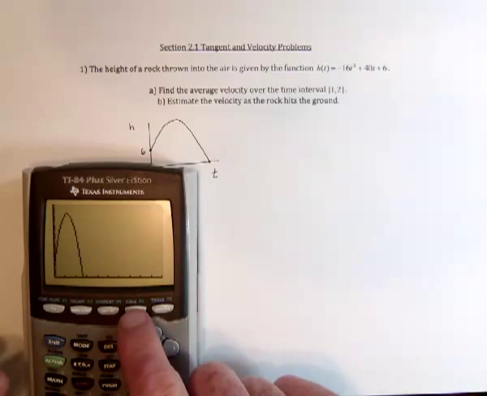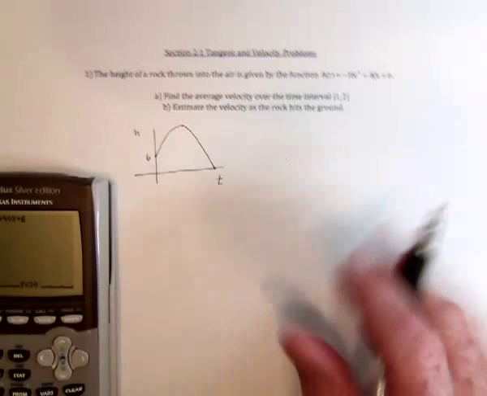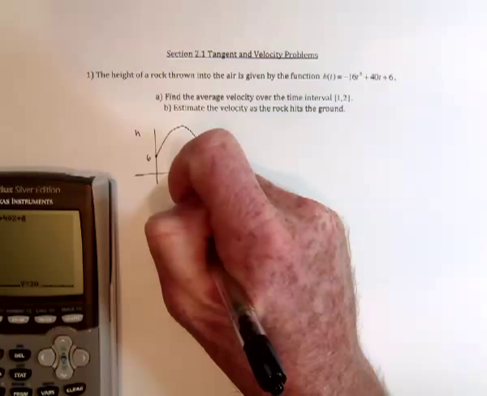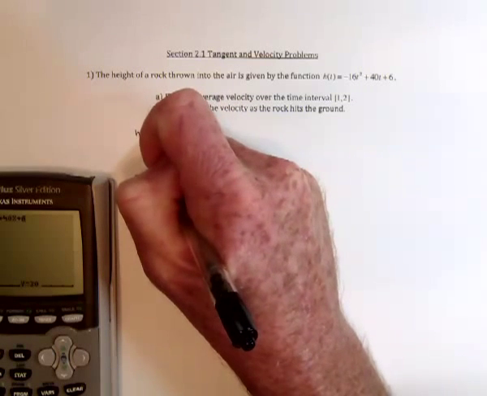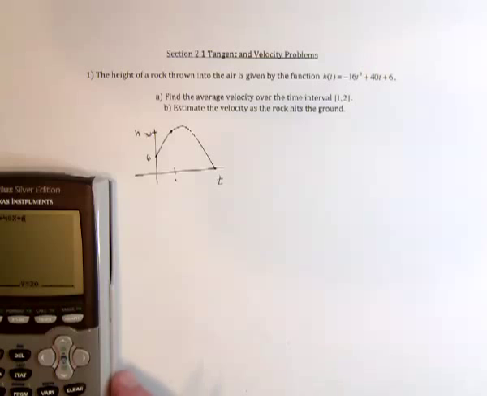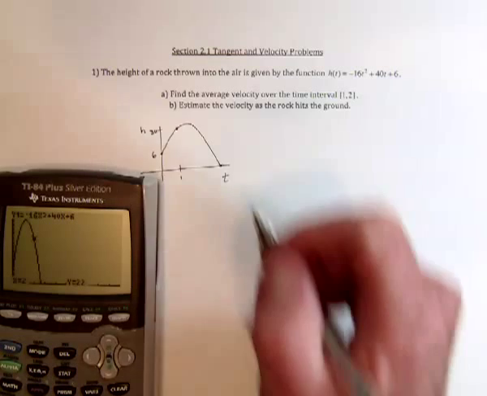Okay, so at 1 second, it's up here at a height of 30. And at 2 seconds, it's at a height of 22.